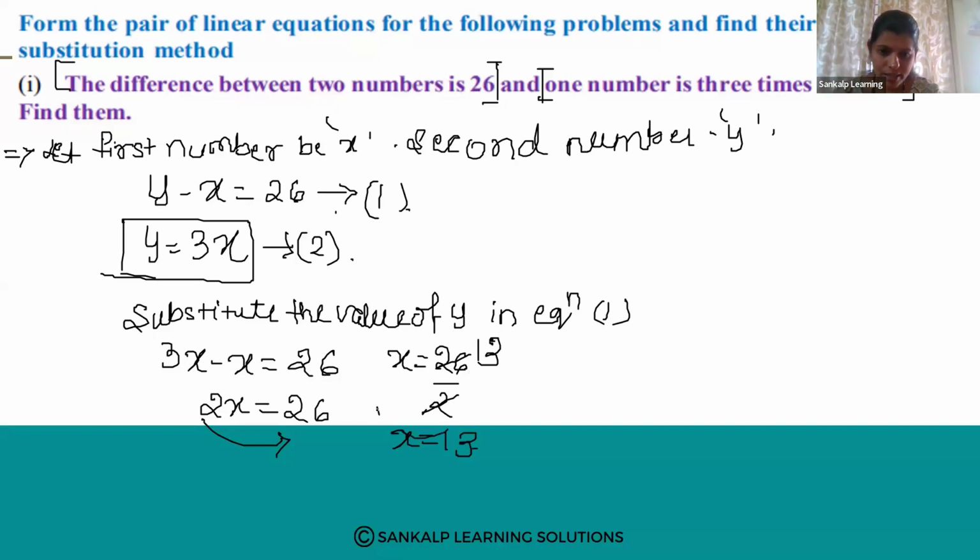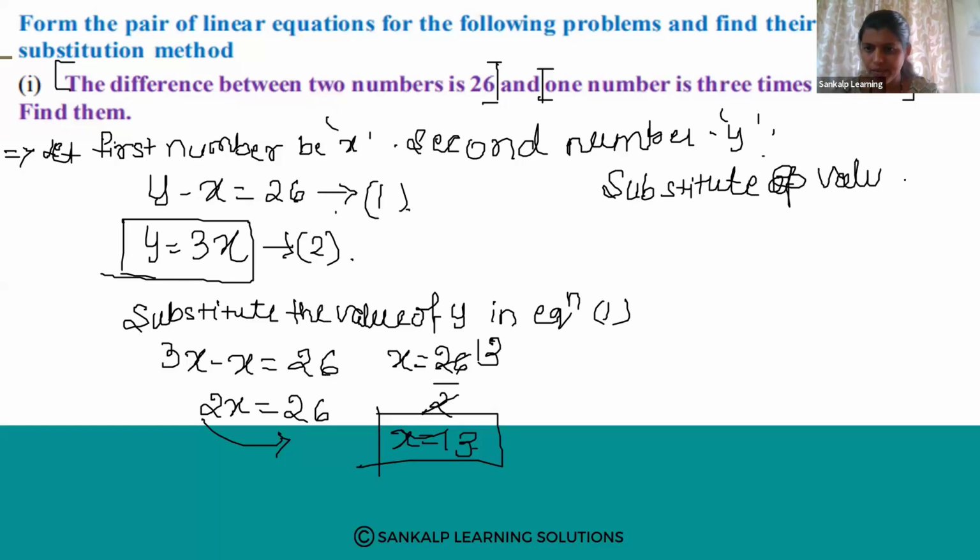X value is 13. Next, x is equal to 13. Now, substitute the value of x in equation number 2.